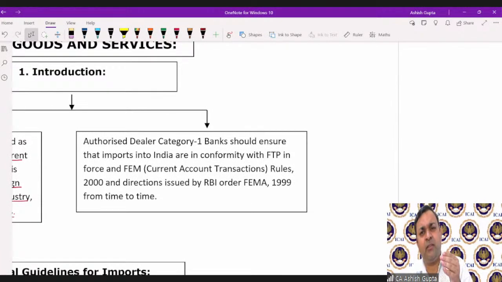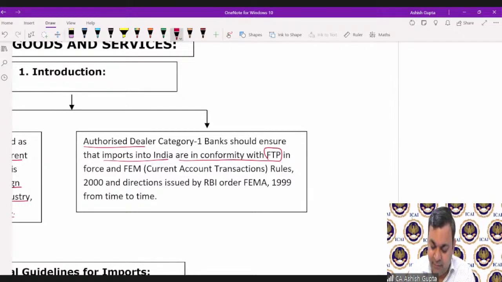For importing, we need foreign exchange. And whenever there is a foreign exchange, there is Section 10, means we are talking about Authorized Dealer Category 1 banks. They should ensure that imports into India are in conformity with the FTP, Foreign Trade Policy. Right? We need to adhere to, we need to accept the provisions of the Foreign Trade Policy also.